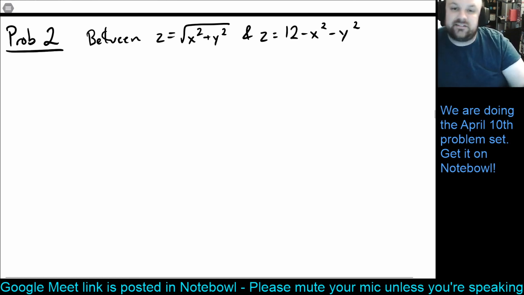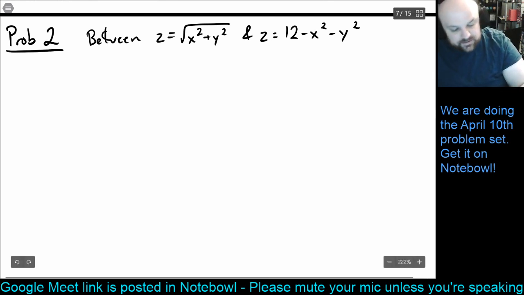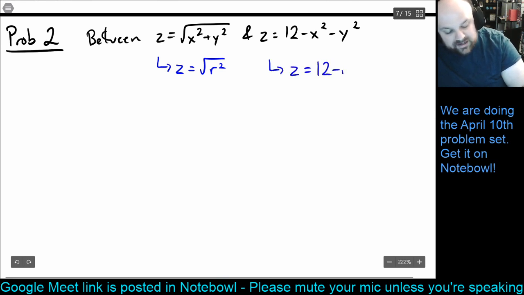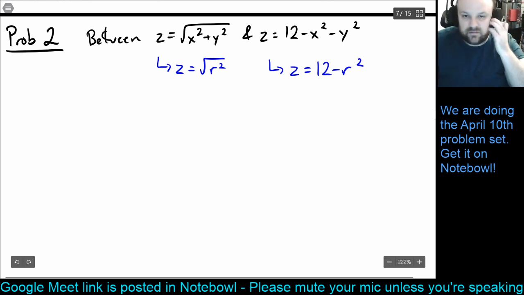to do this in cylindrical, we'll want to convert these equations to cylindrical. So again, we're going to use x squared plus y squared equals r squared. Then this one turns into z equals square root of r squared. This one turns into z equals 12 minus r squared.